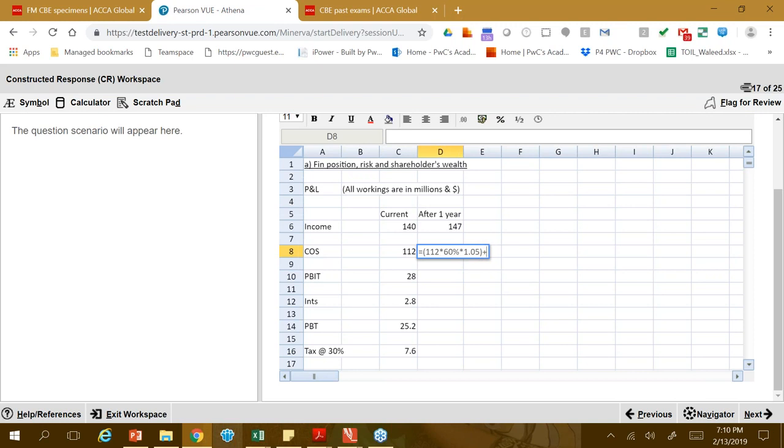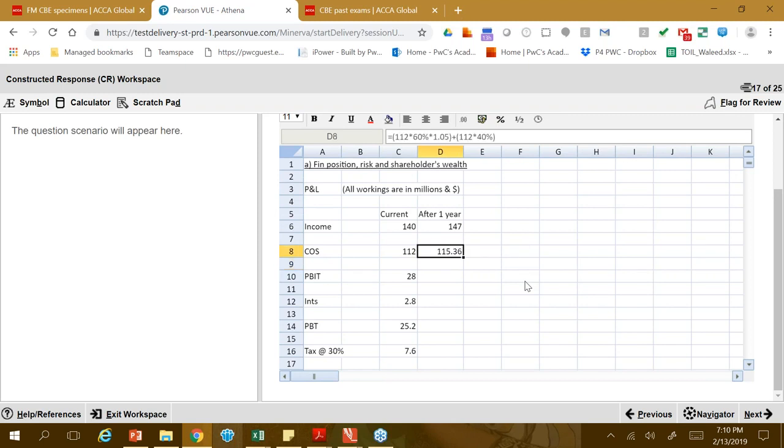But we also have the 40% which are fixed, which will not increase. So 60% are variable, which will go up by 5%. And then there are 40% which are fixed, which will remain the same.